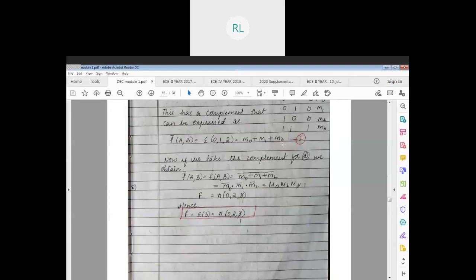Now if we take the complement for the second equation, what do we obtain if we just put the complement here? M0, m1, m2. So using De Morgan's theorem, it becomes M0 bar into m1 bar. All the additions become multiplication and the bar breaks up, right?